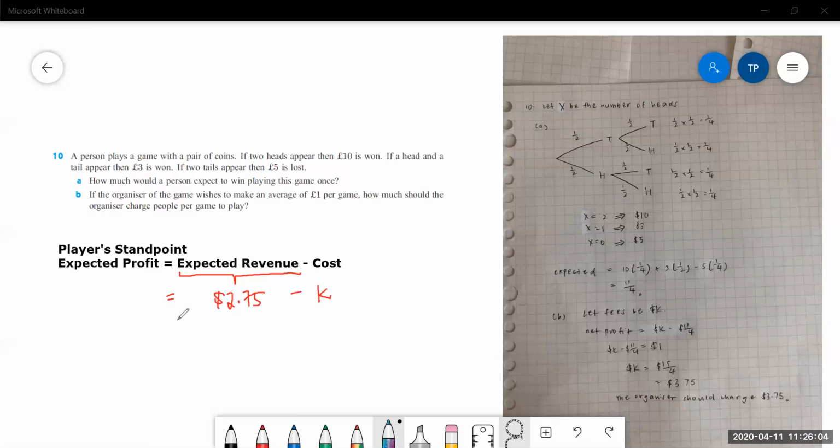I think this way will be too confusing. I think your way is more feasible. K dollars minus K dollars is the fee charged. Yeah.